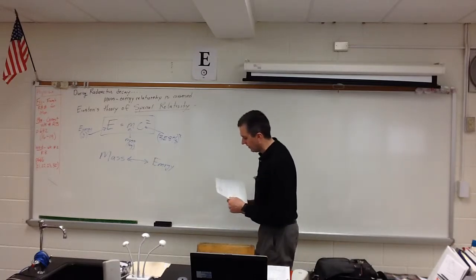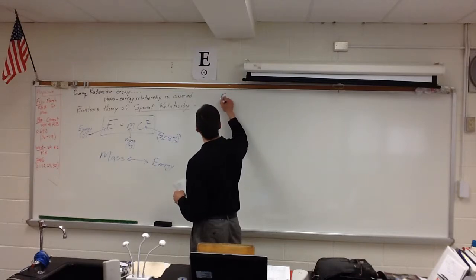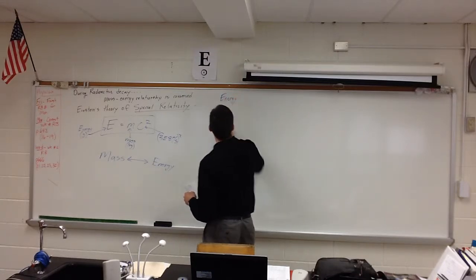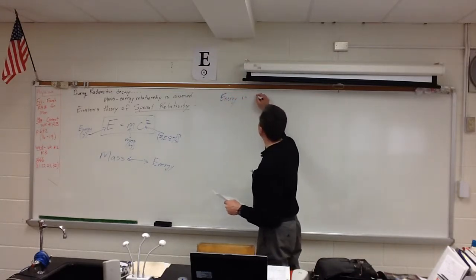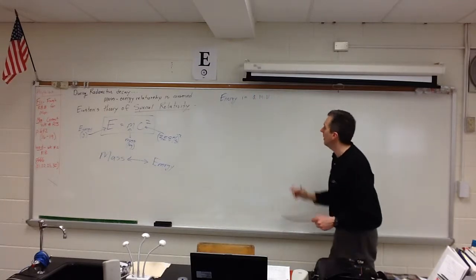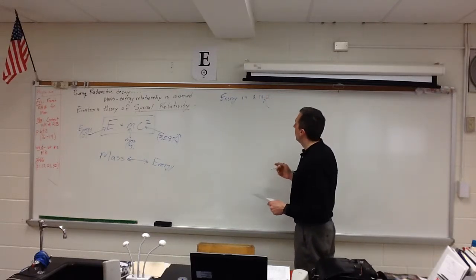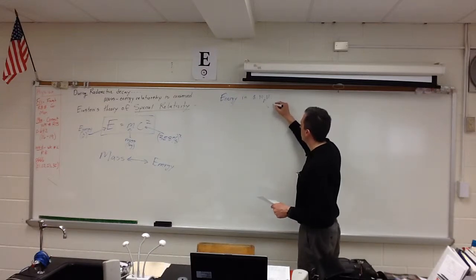This first one here. What if I wanted to know the energy in one atomic mass unit, one AMU? By the way, remember atomic mass unit? Usually we're referring to one neutron.